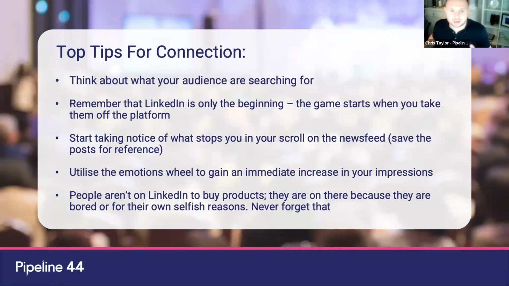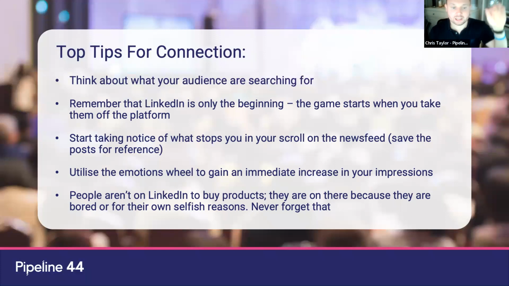So some top tips for connection. I'm not going to go into it in too much detail. It's there for you just to summarize what we've spoken about. The thing that I want to emphasize in this one is what we call the emotions wheel. So this is in the content section, really. One of the things that most people get wrong is headlines in content. A little hack for you, go onto Google and search for the emotions wheel.